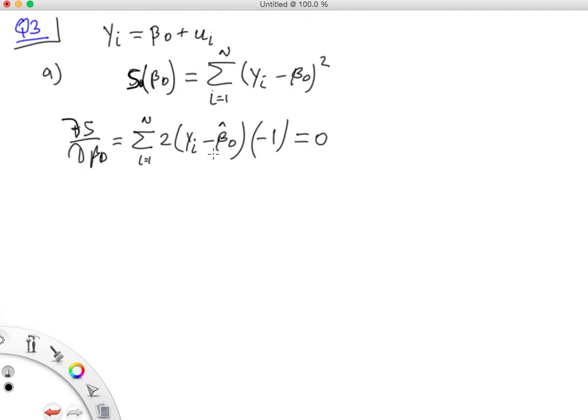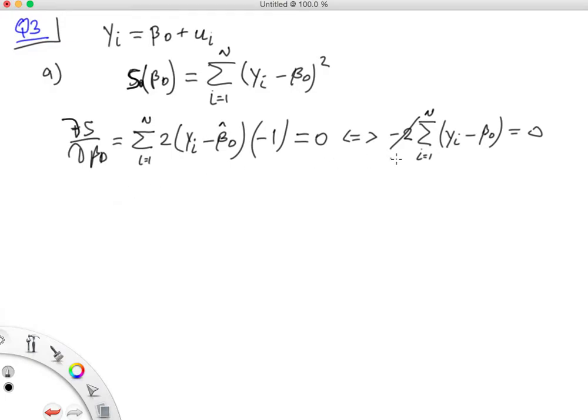Now if you do the manipulation here, again minus 2 comes out, and with this minus 1 it becomes minus 2, equal to 0, right? So now divide both sides of the equation by minus 2, which will cancel out.